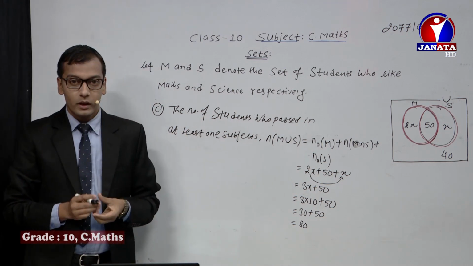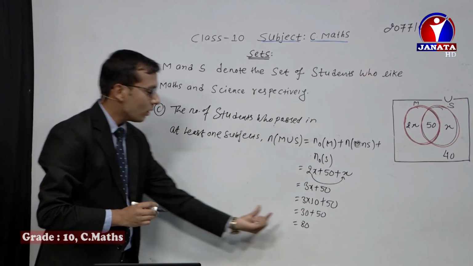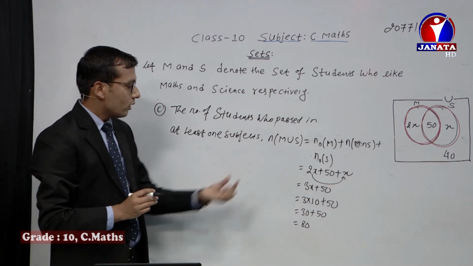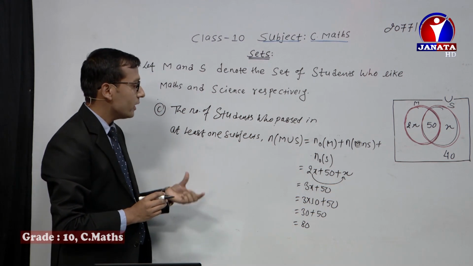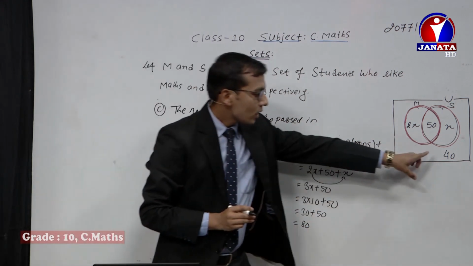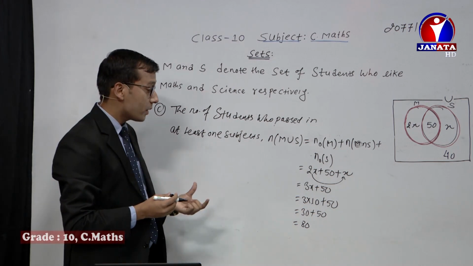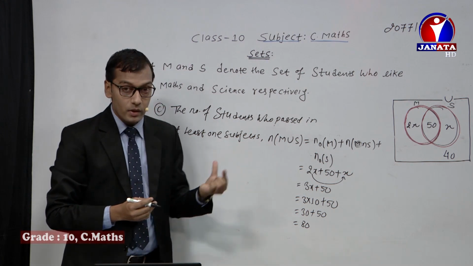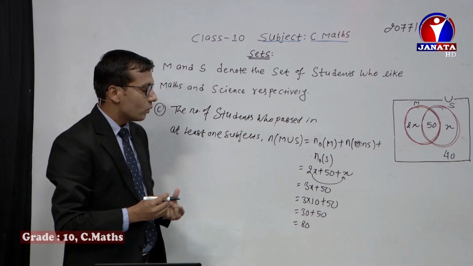So this is how we calculate the number of students who passed in at least one subject, or this was already calculated at the beginning of the solution. For M union S, for at least one subject, if we simply deduct the complement from n of U, we obtain n of M union S, which gives the number of students who passed in at least one subject.